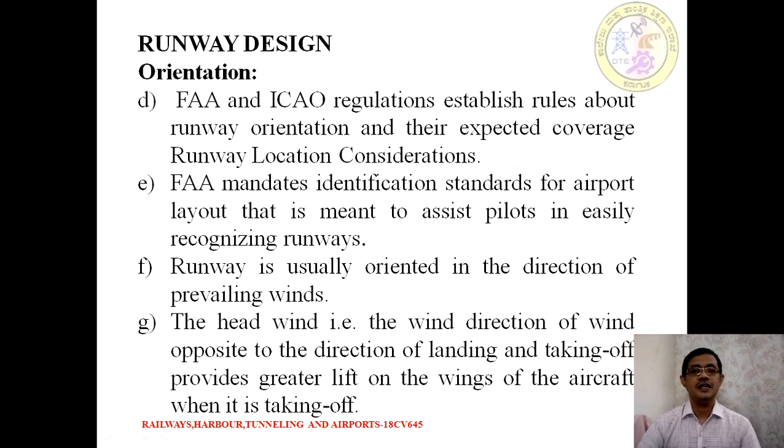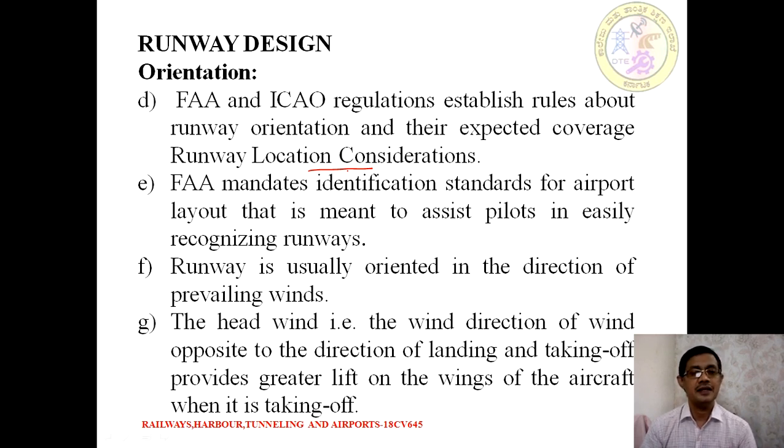FAA and ICAO regulations establish that a runway orientation should have some expected coverage of the runway location. It means we should have a minimum coverage of wind over the runway.